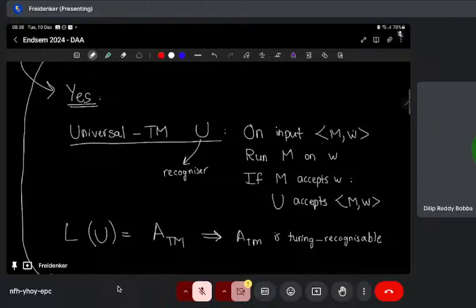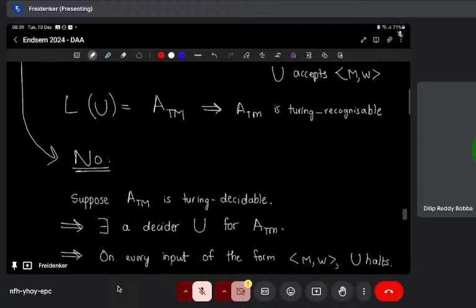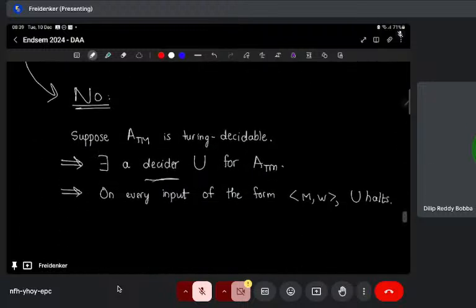No, because when I run W on M, there is a case where you are neither going to Q accept nor Q reject. So in that case, it's not halting, right? But we are not bothered about it because it's just a recognizer. If it finds an accept state, it's fine. If it doesn't find an accept state, then we are least bothered about it. But that's not the case for a decider.